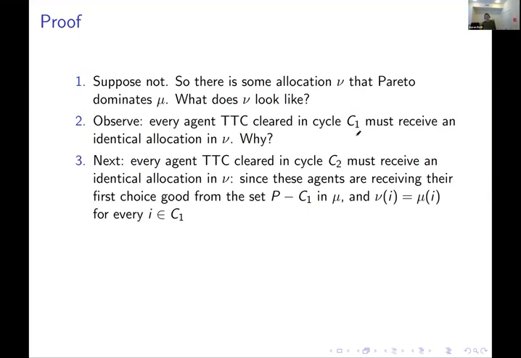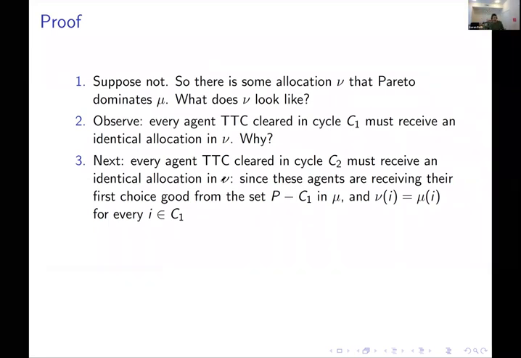So next, I claim that everyone who is cleared at round two of the top trading cycles algorithm, everyone who is part of the second cycle, they too must be receiving the same allocation that they do in mu, in this other allocation that purportedly Pareto dominates mu. And this is for the same reason. Let's think, who are the people that are cleared at round two of the algorithm?